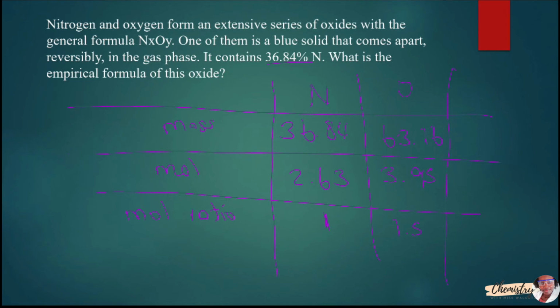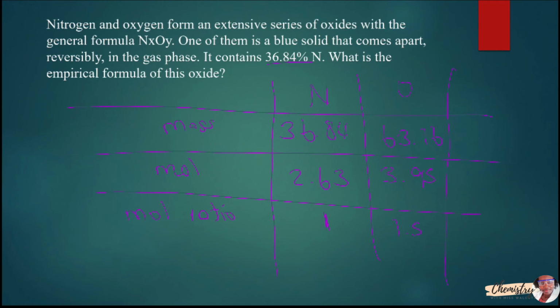And I'm just going to pause here for a little to say, when you're calculating your mole ratio, you only round off if the number is already close to a whole number. But if you get 1.5 or if you get 2.5, anything .5, you're going to keep that .5 in the figure. Don't round off there.